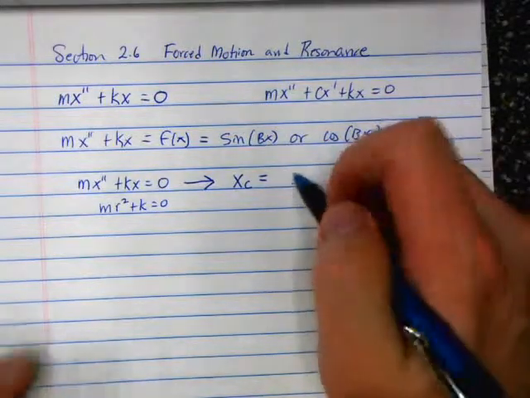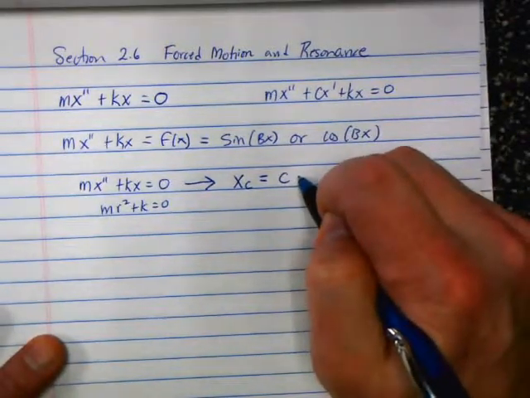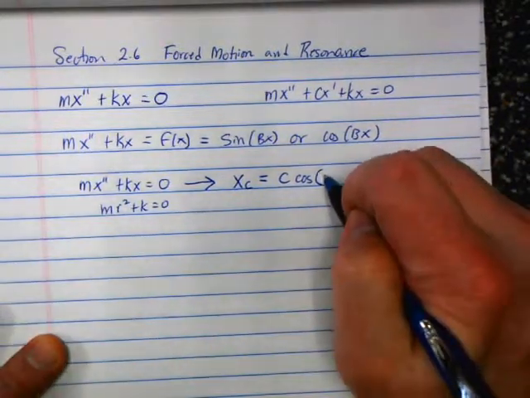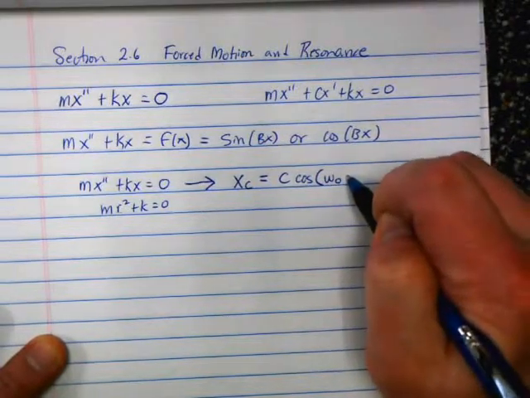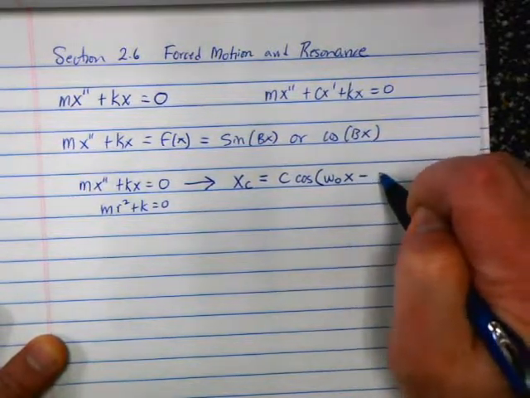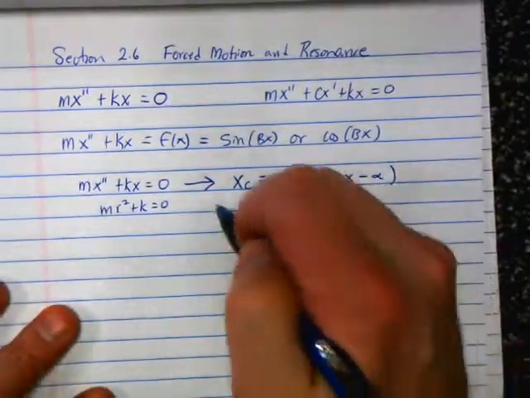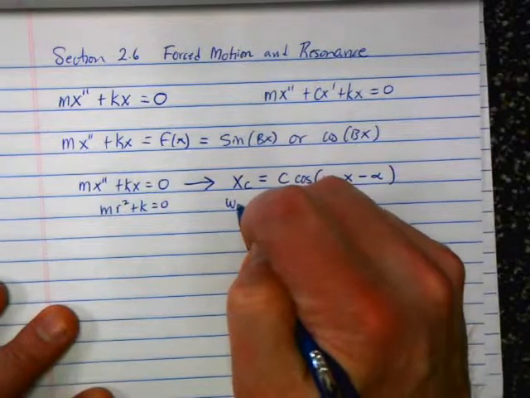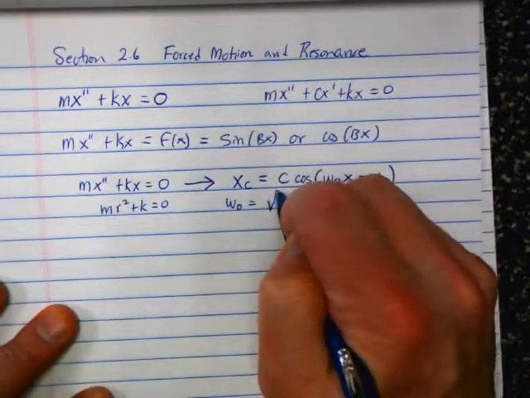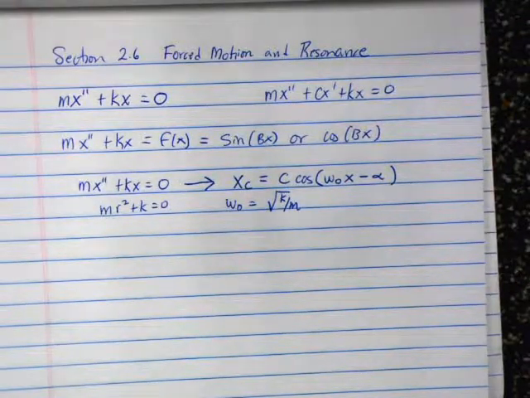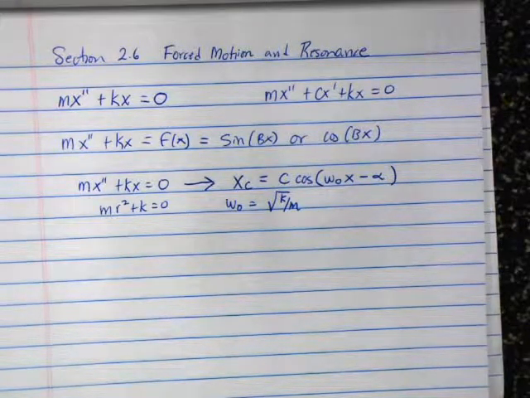So this turned out to look like c times cosine of, I think we used omega naught x minus alpha, I think is the way we wrote it, where you might remember that omega naught was the square root of k over m. Okay, so that's what our complementary solution looked like.